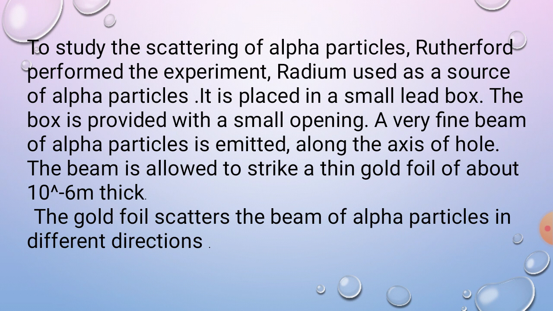It is placed in a small lead box, which is provided with a small opening. A very fine beam of alpha particles is emitted along the axis of the hole. The beam is allowed to strike a thin gold foil of about 10^-6 meter thick.